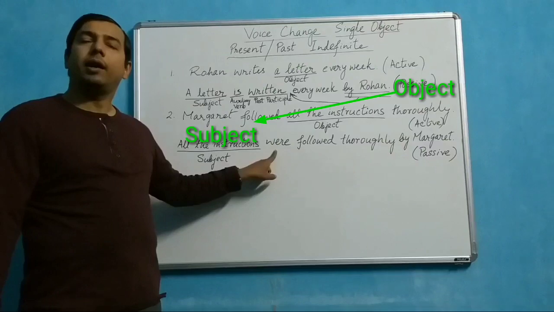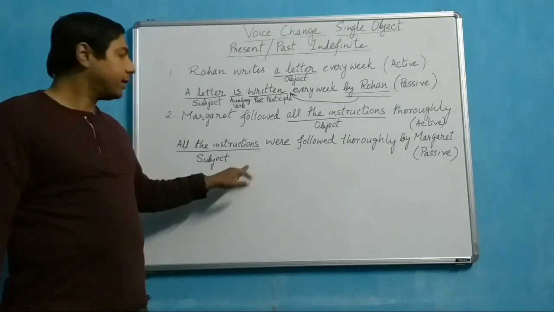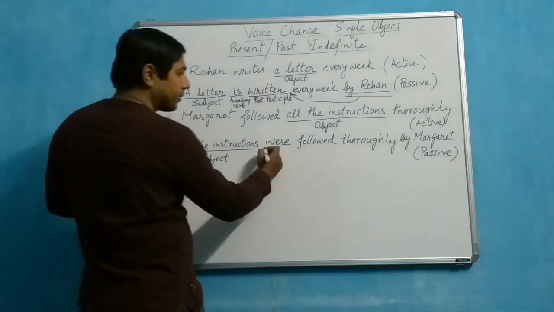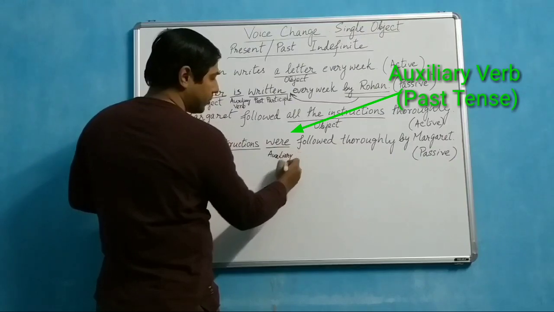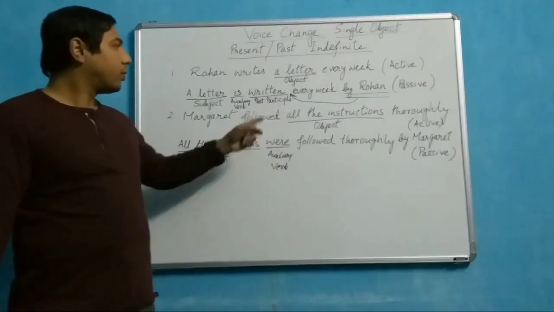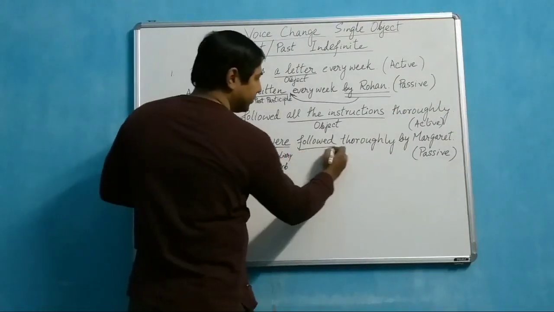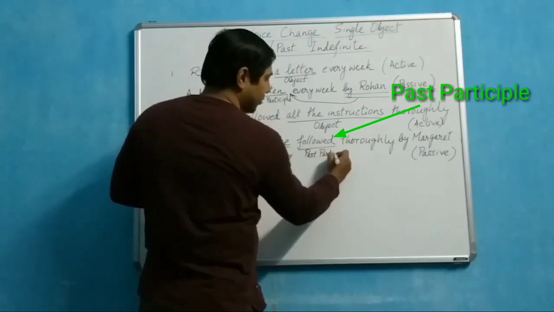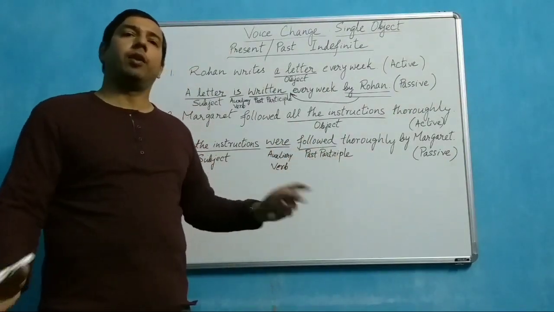We have got the auxiliary verb that agrees with the subject in matters of its person and number. We have also got the past participle as in the first sentence. And the rest is also the same formula.